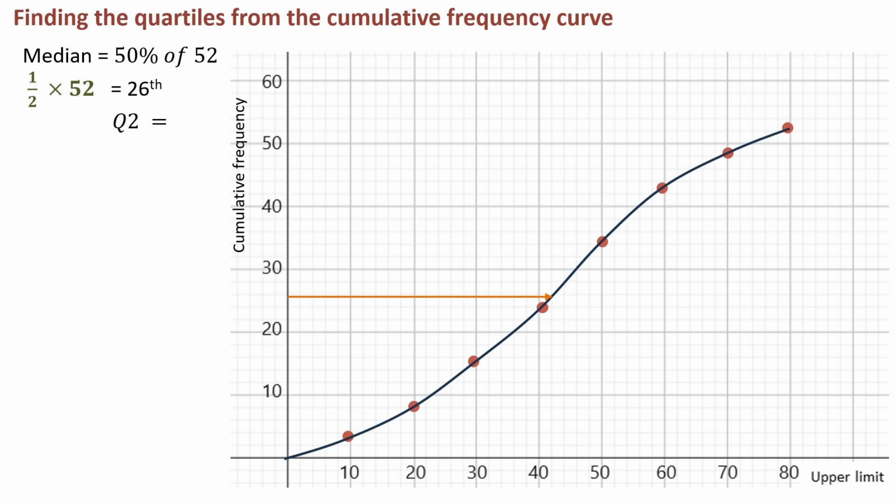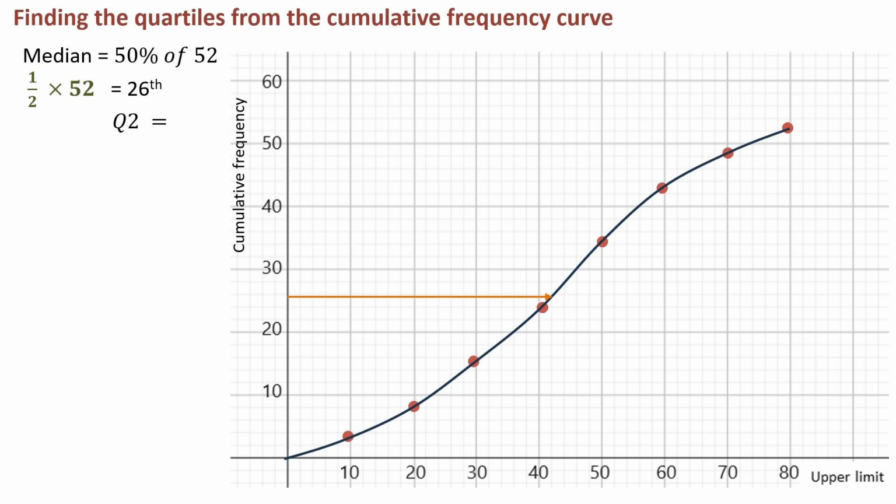I can see some of you are thinking about why, in the previous lesson, when finding quartiles, we added 1 to the number of frequencies: N plus 1 times 50%, N plus 1 times 25%, N plus 1 times 75%. Why is it not applicable for the cumulative frequency curve?